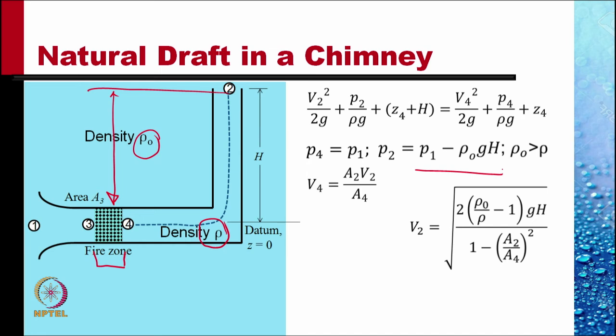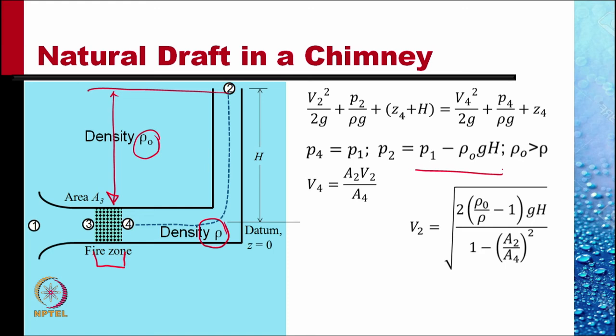We also notice that the velocity varies like under root h, the height of the chimney. The more the height of the chimney, more is the velocity. A typical case is when A2 is much smaller than A4. The area at the fireplace is much more than the area at the exit of the chimney.